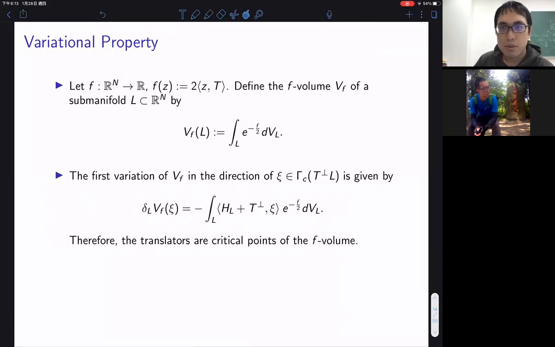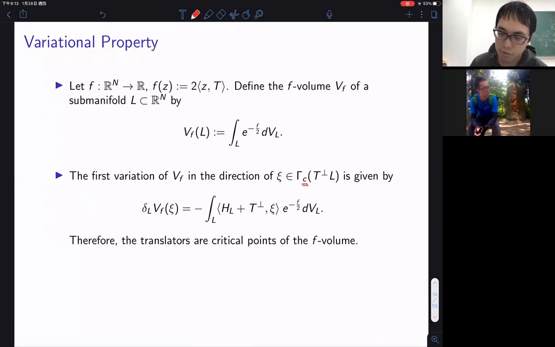You can compute the first variation of this f-volume in the direction of some normal vector field. This L here is often non-compact, so it is necessary to take the variation field to be compactly supported.